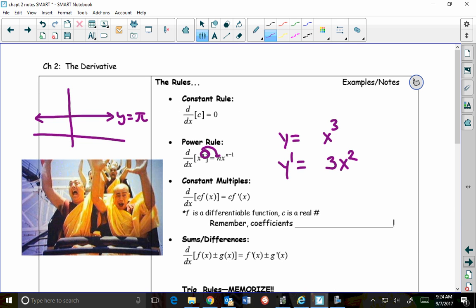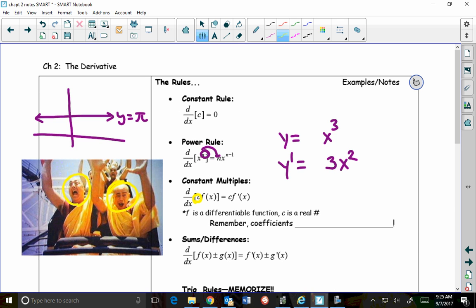Then we have the coefficient. When I have a coefficient, I'm going to think of this little monk on a roller coaster. I don't know why I always think of this. Every time I see a coefficient, I love this picture. So what are they doing?